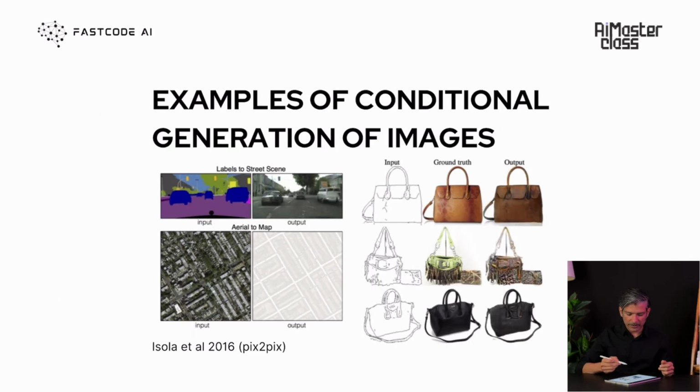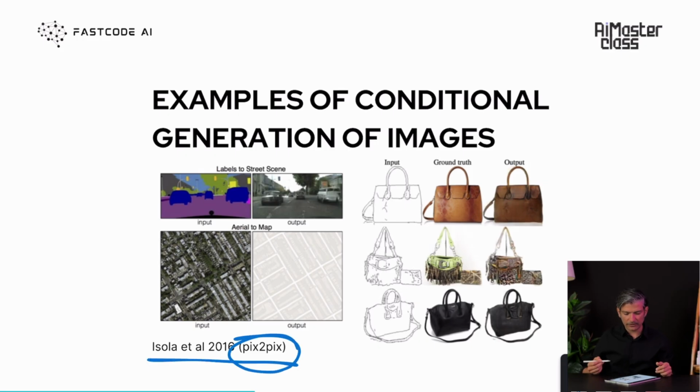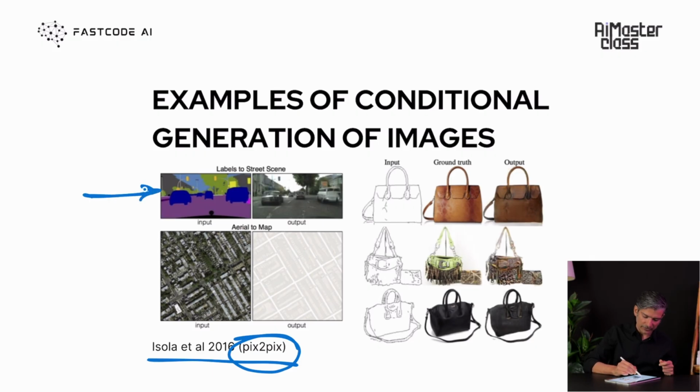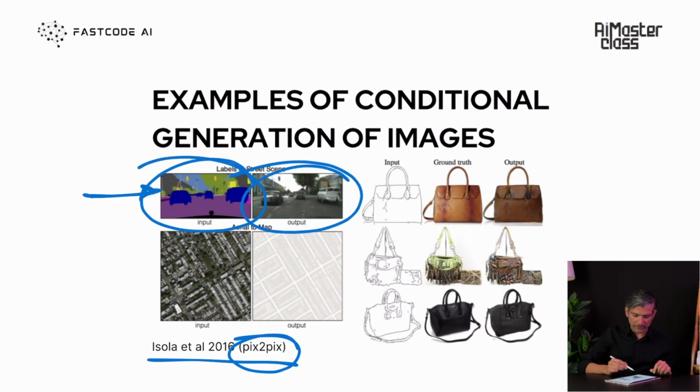One of the first papers to do this was Isola et al. in 2016. They called it Pix2Pix. What they did was, given an image such as this one, the condition is the semantic segmentation where you have a label per pixel as input, and based on these labels, it's able to generate a realistic image.